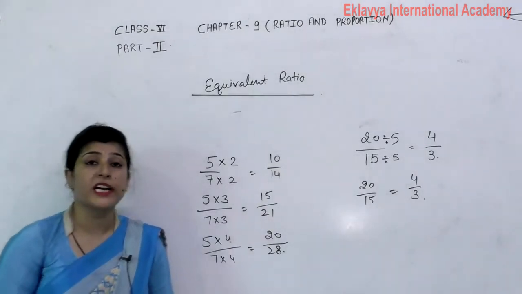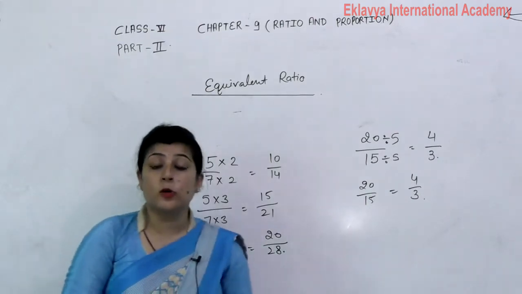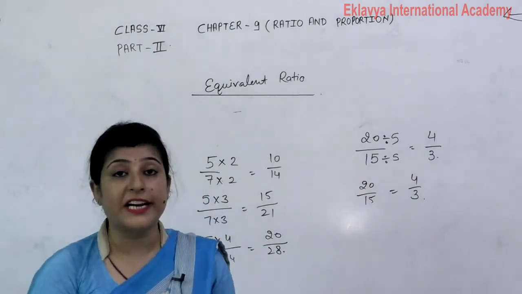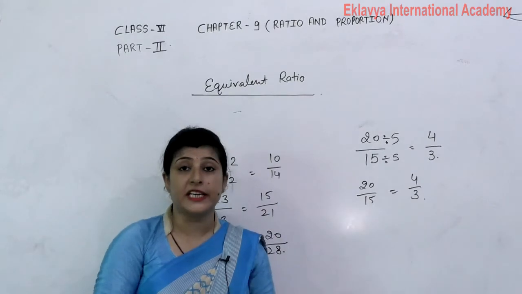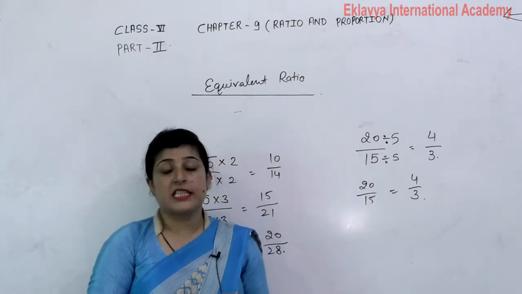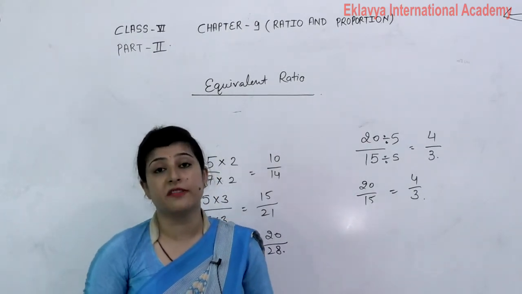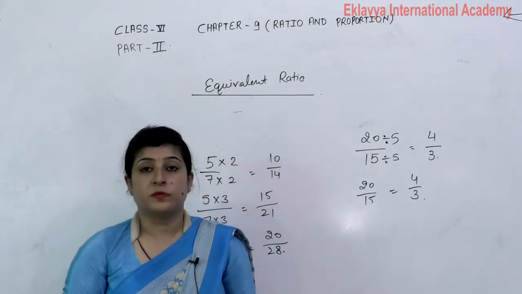And how to find the equivalent ratio of a given ratio? You can multiply or divide both numerator and denominator by the same number. Then we can find the equivalent ratios of the given ratio.